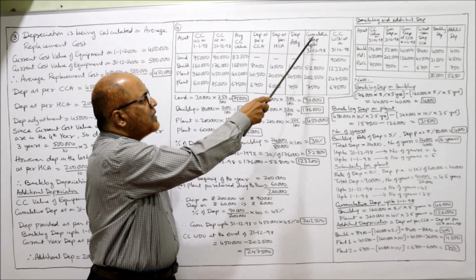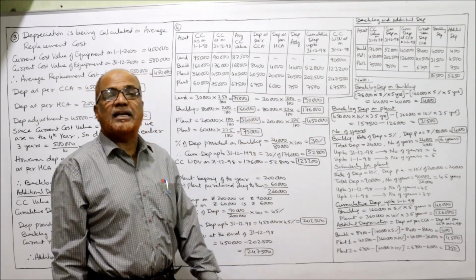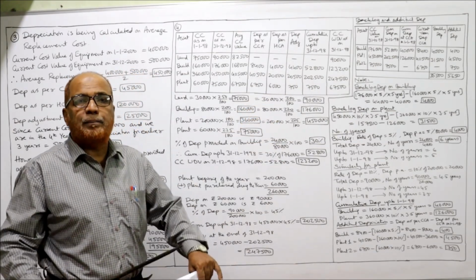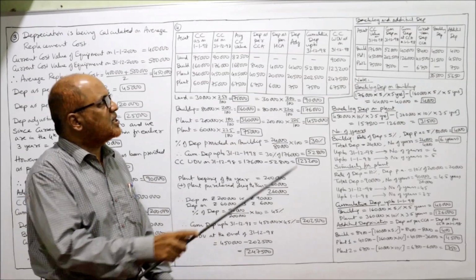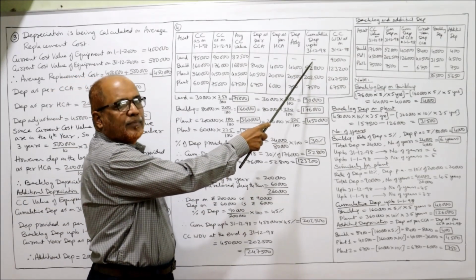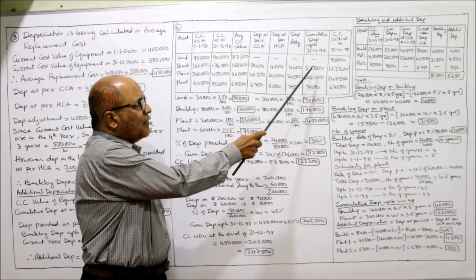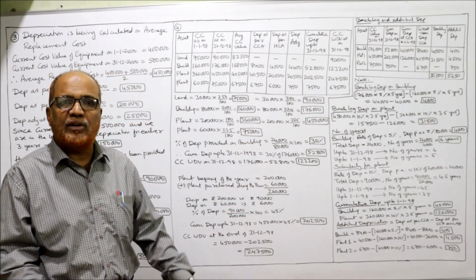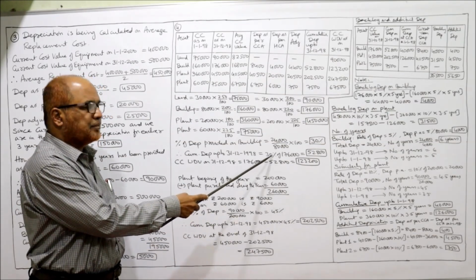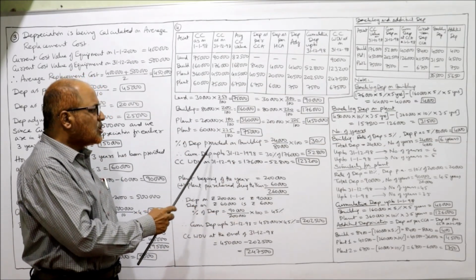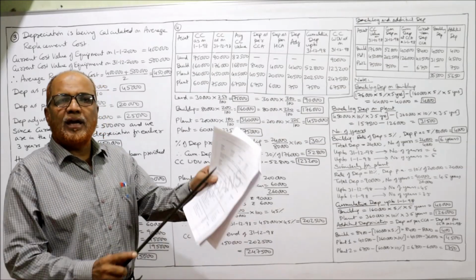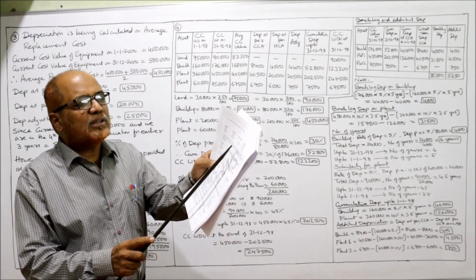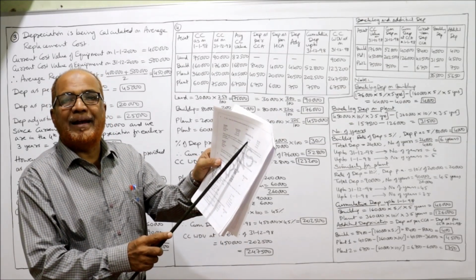Now cumulative depreciation up to 31st December 98. There is no depreciation on land, so put a dash. For building, 52,800 is the cumulative depreciation. How did we get it? Here in working notes I have shown. Percentage of depreciation provided on building: in the problem, 24,000 rupees is the depreciation on building.